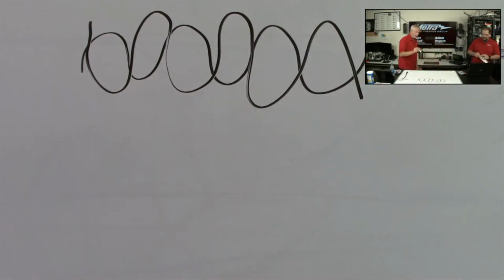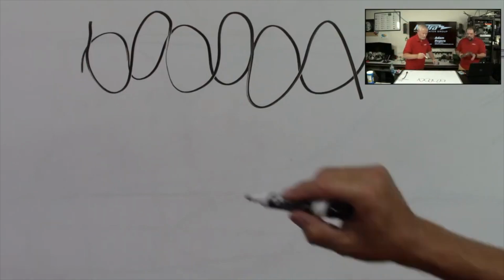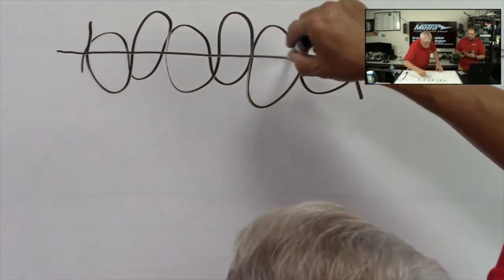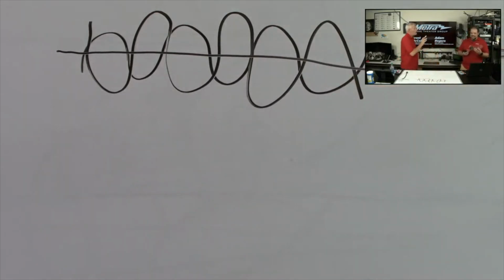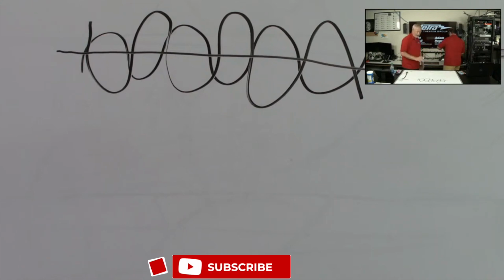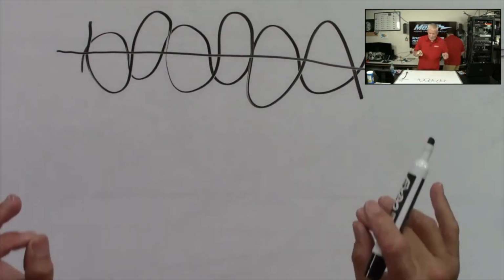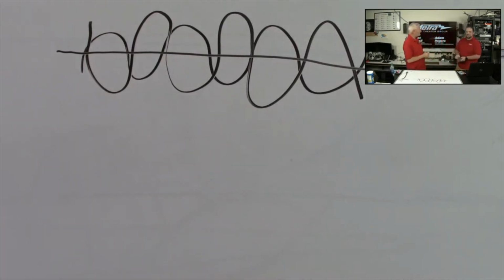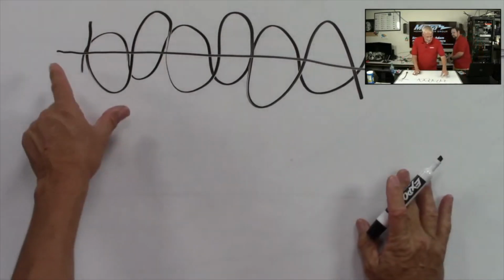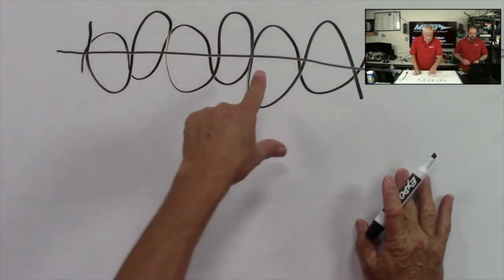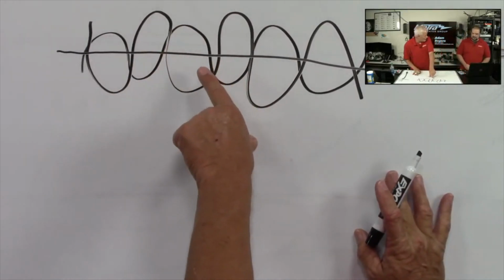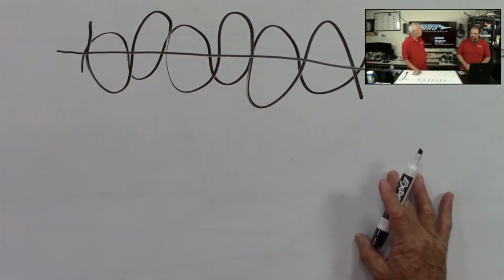Now, this is a good example of intrapair skew. Mostly because I'm a lousy artist. It was not what I meant to draw. I was going to draw interpair skew, but since I can't draw an accurate reproduction of a properly twisted wire, we're going to discuss intrapair skew. When you look at this, you'll notice that the transition points are not all at the center line. And that's what you want to happen.